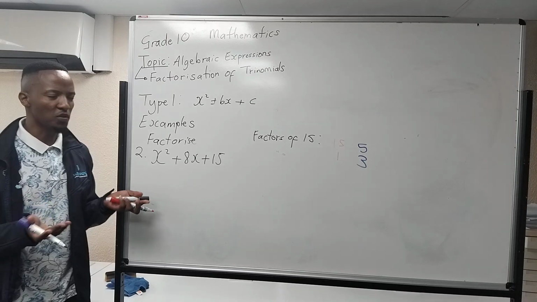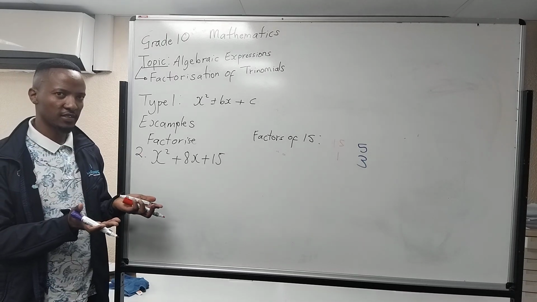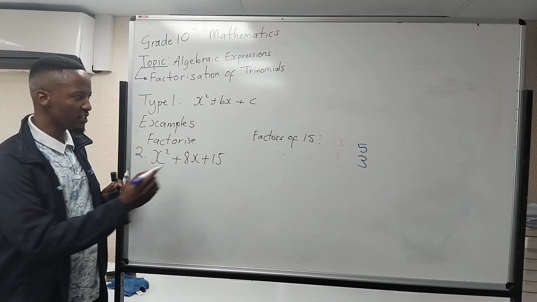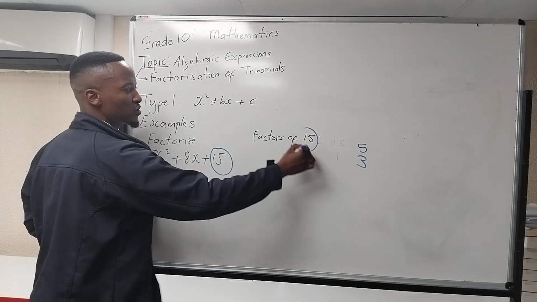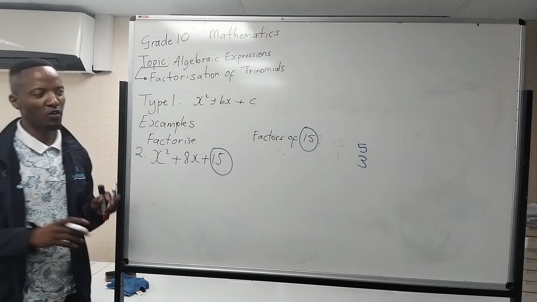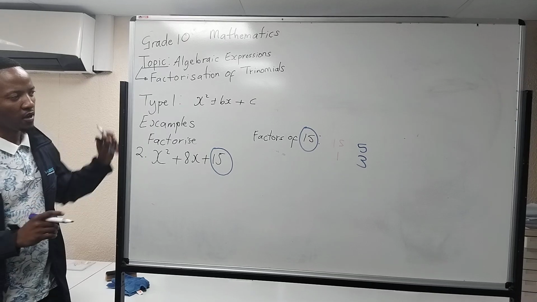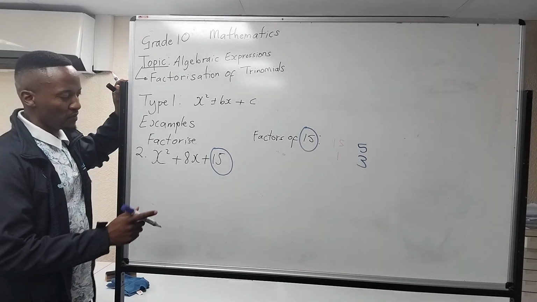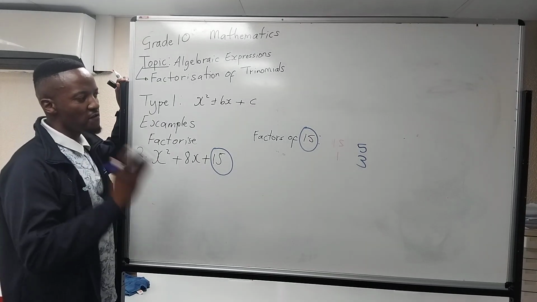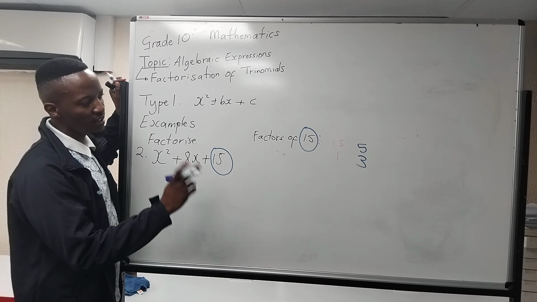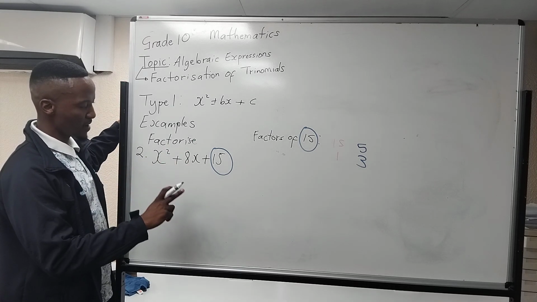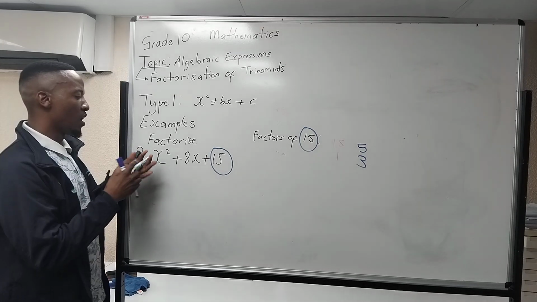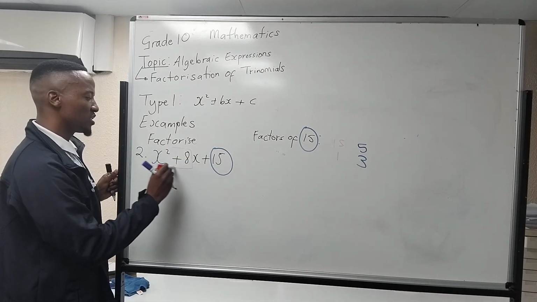Step number 1 says we must find the factors of the last term. So our last term here is 15. It means we find the factors of 15 according to step 1 of our factorization. The second step, we must select the factors and the signs that will equal the middle term. So the middle term, our coefficient is positive 8.